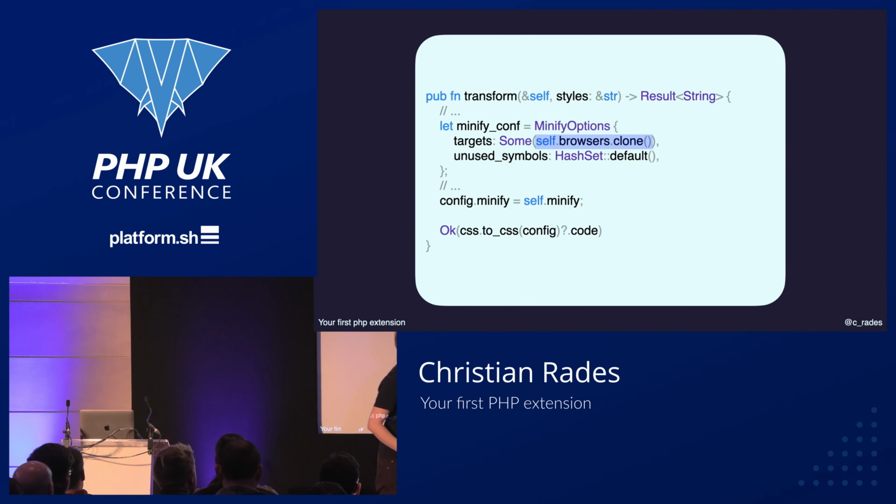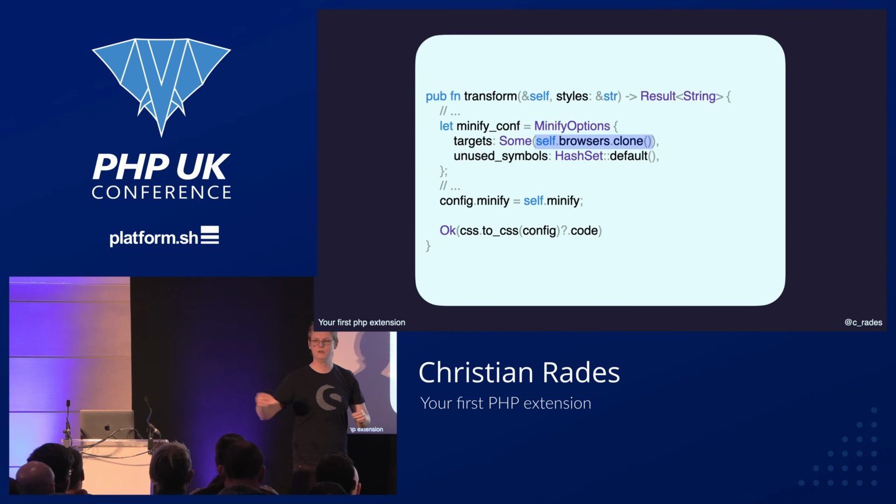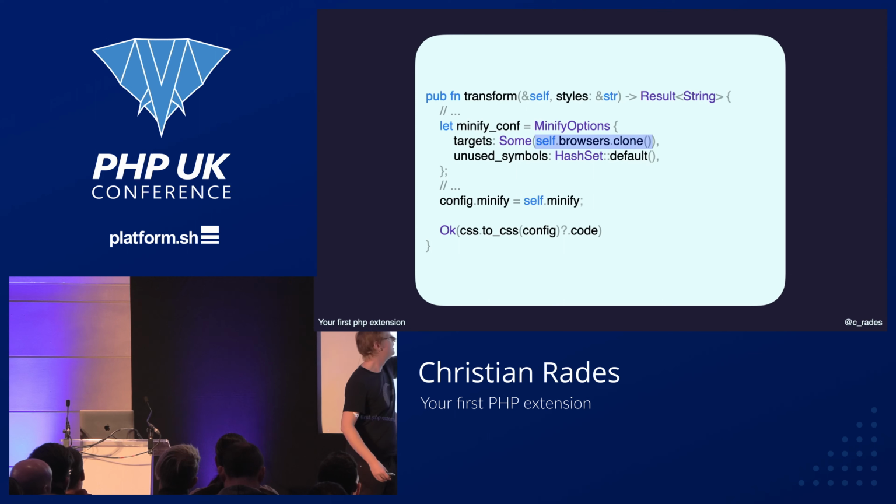And for that, we call clone. Now, why do we even have to do that? That is because the minify options want the targets value, not a reference to a targets value. It wants the value itself. And so we have to clone the value because we only have a reference to ourselves.